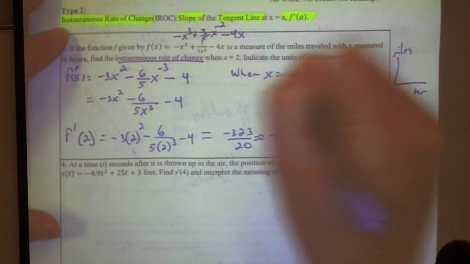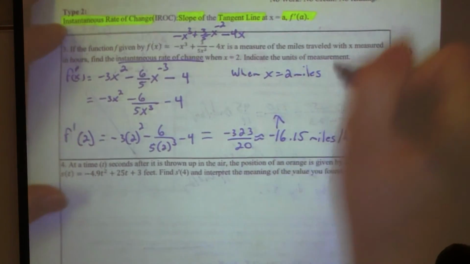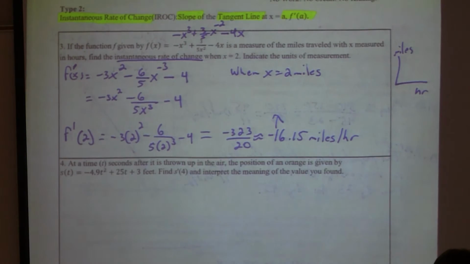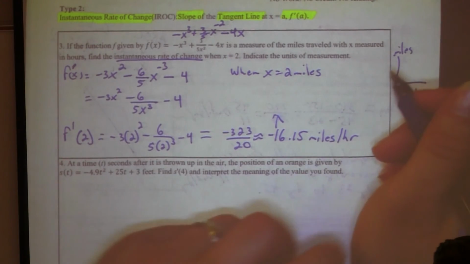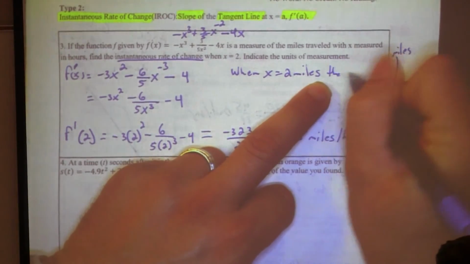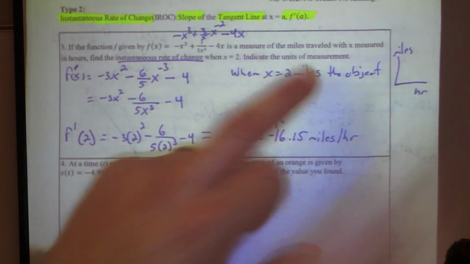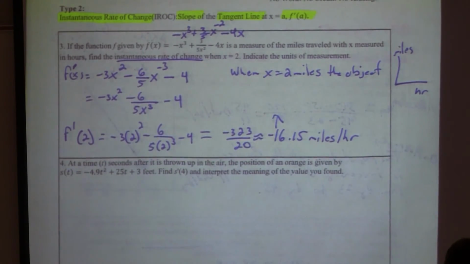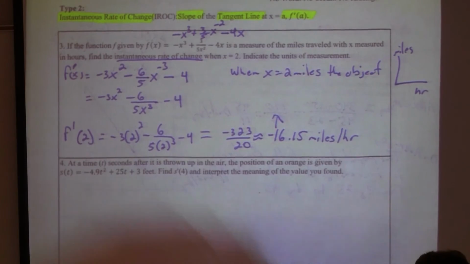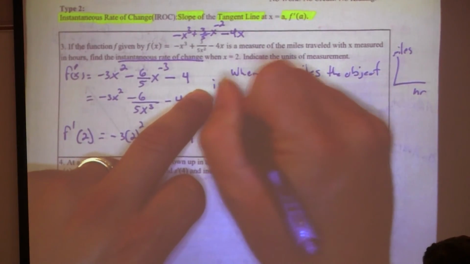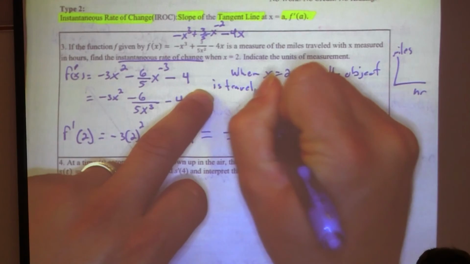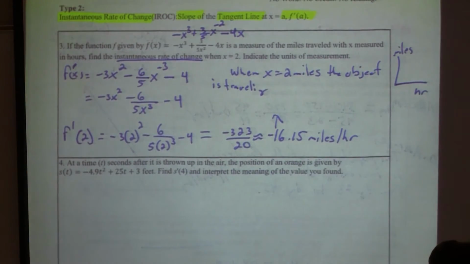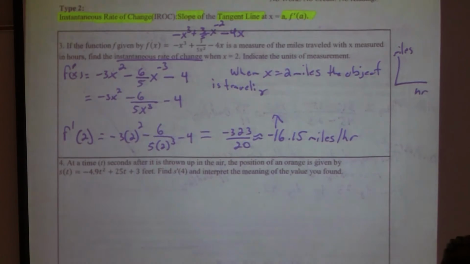When x equals 2 miles, the object, whatever they're talking about, they didn't tell us if it was a car, is traveling negative 16.15. What does that mean, negative 16.15 miles per hour? Slowing down at that rate? It's slowing down? I mean, if it's negative.